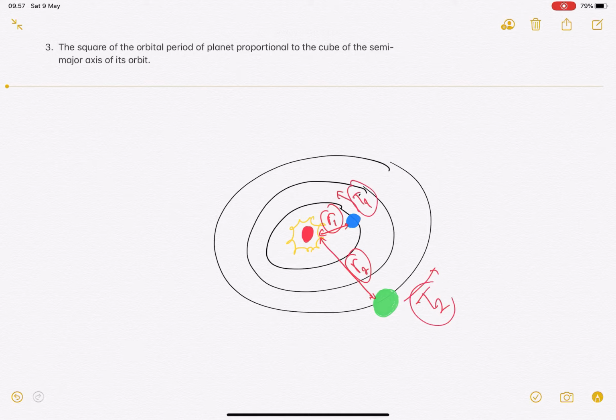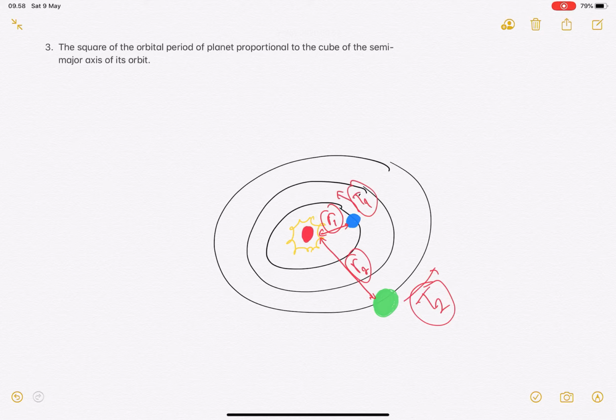It is easy to understand that it will take longer because it has to travel a lot farther, and so Kepler, over many years, played around with the numbers he had available to him. Is there a relationship between these variables? And he worked this out.